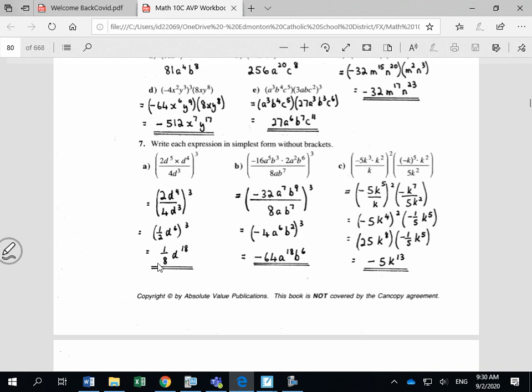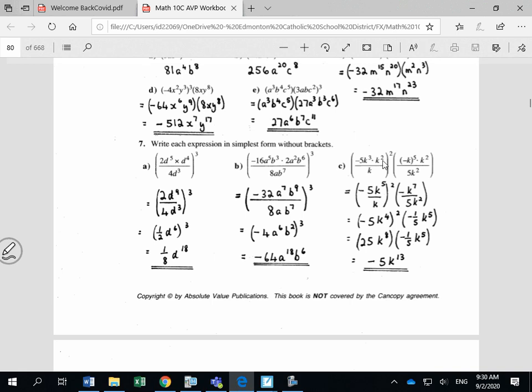Actually, one thing I should show you, you would know that 1 to the power of 3 is 1 and 2 to the power of 3 is 8. That's how they're getting that. Again, for this one, they took care of the numerator to get this. They wrote down the denominator. They then simplified within the bracket to get this. And then this is their final answer.